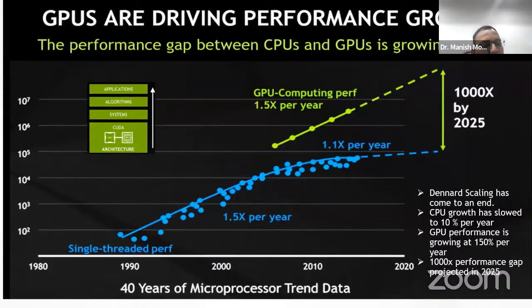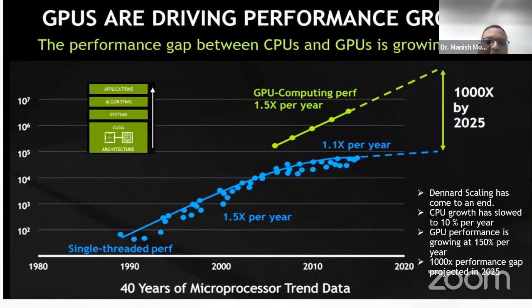NVIDIA started in 1993 as a graphics company. Their cards were used mainly for graphics. Around 2005, they came up with the CUDA framework, which was able to do number crunching on these graphics cards, right? And that's where they started being used as a co-processor with the CPU.